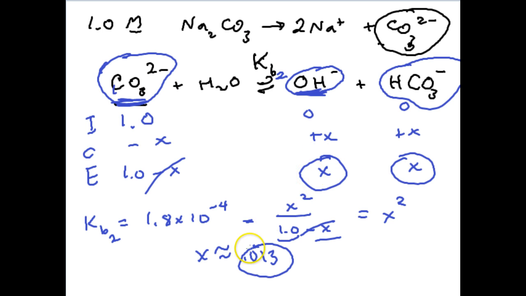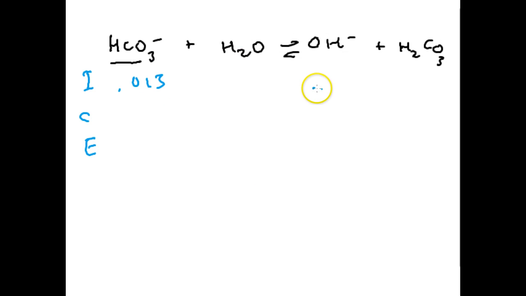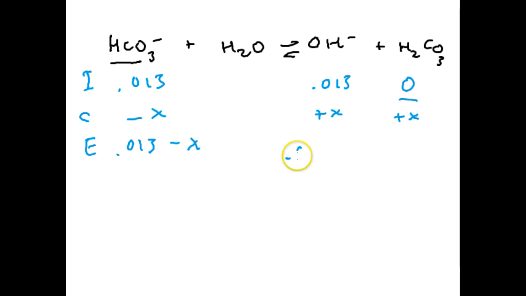We had x of that, approximately 0.013 again, and just hoping that works. We had 0 of this, so the reaction moves to the right. So this is minus x, plus x, plus x: 0.013 minus x, then 0.013 plus x, and then x.